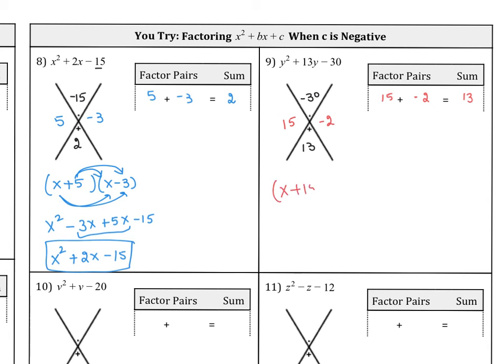X plus 15, x minus 2. FOIL to make sure that you get the original equation. And what you have here is x squared plus 13x minus 30.